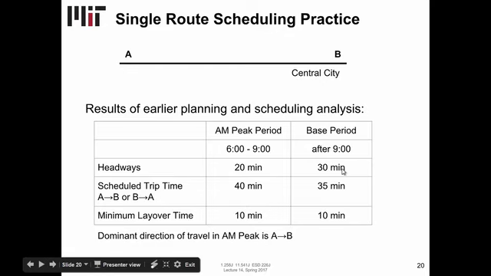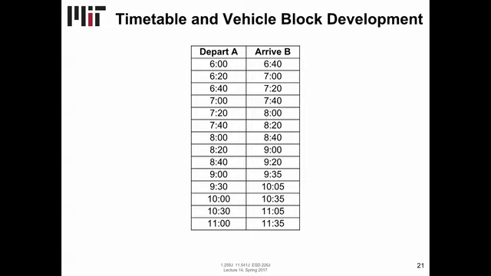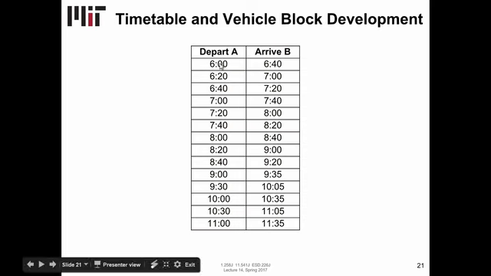During off-peak, headways are 30. Scheduled trip time is 35, and minimum layover is, again, 10. The dominant direction of travel is AM peak, in the direction of A to B. So given the headways and running times, we work out all the trips scheduled during peak from 6 to 9, and then after that up to 11, and the rest could be similar.